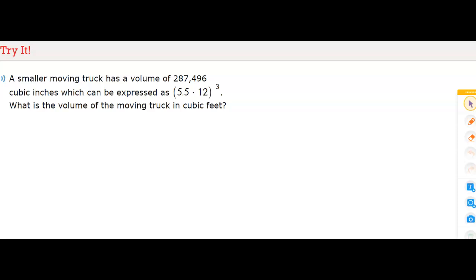Okay, so in the example, it told us that the volume V is being multiplied by the conversion factor, which is 12 to the third power, right? So that's what we have here. So 12 to the third power is the conversion factor.